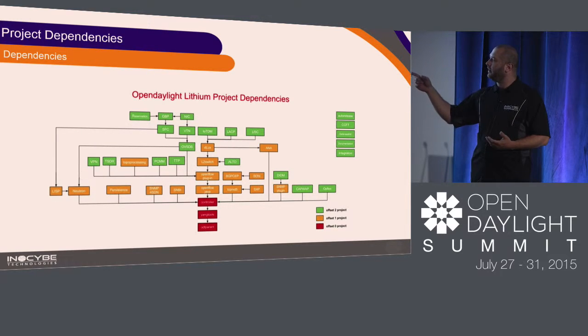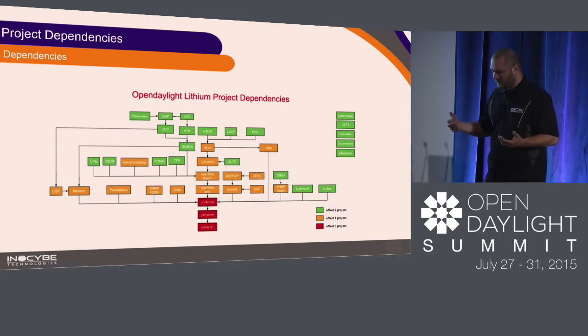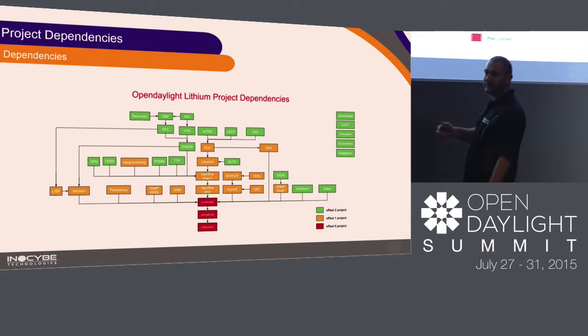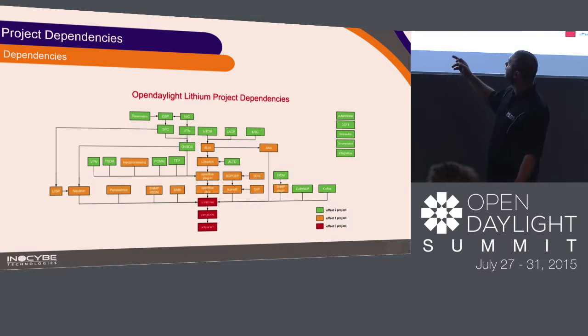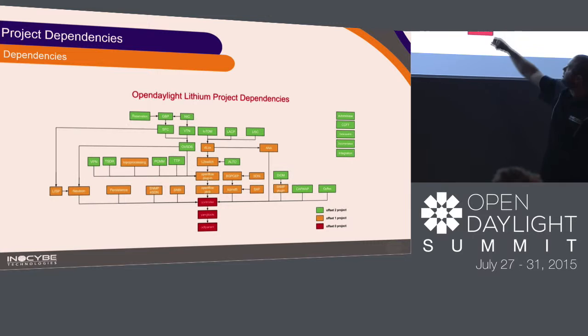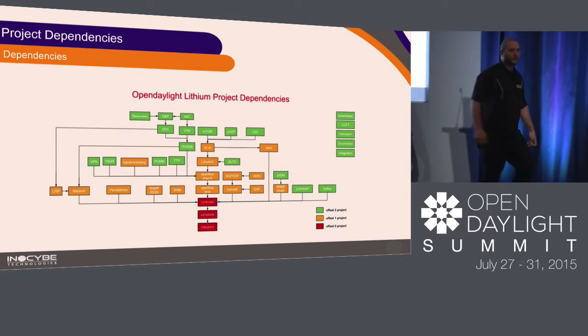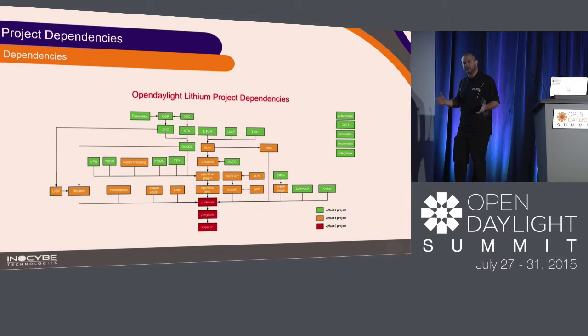So if you guys have been following development in other SDN controller work, if I was to compare to ONOS or something like that, what ONOS would look like is basically the stack where you have OpenFlow plugin and OpenFlow Java together. So that is really what a typical SDN controller is.